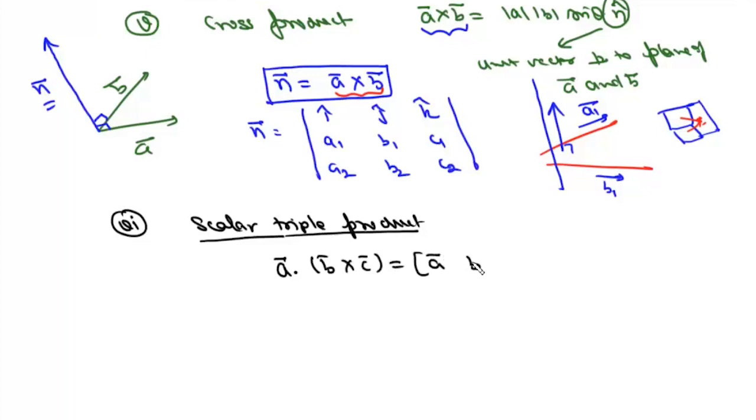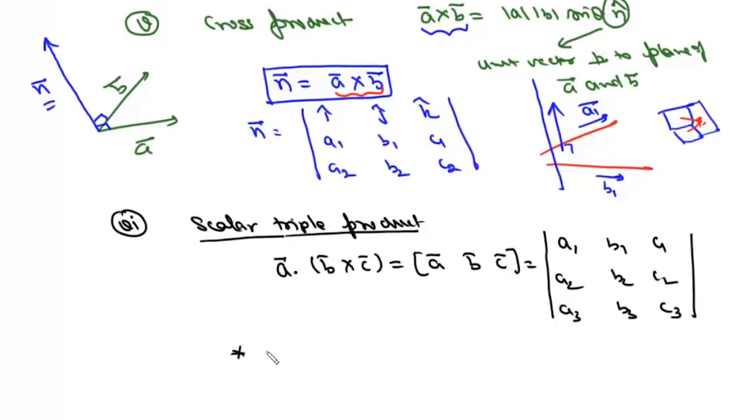This box product is equal to the determinant with rows a1, b1, c1, a2, b2, c2 and a3, b3, c3. And we also know that if three vectors A, B and C are coplanar, then the value of this determinant, which is this box product, must be 0. So that's our sixth fundamental that we'll need from vectors.